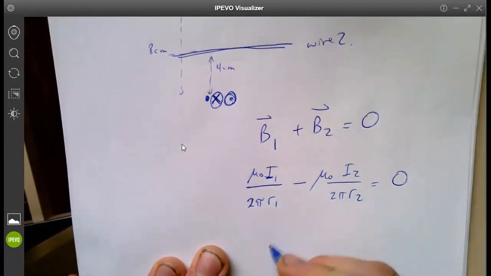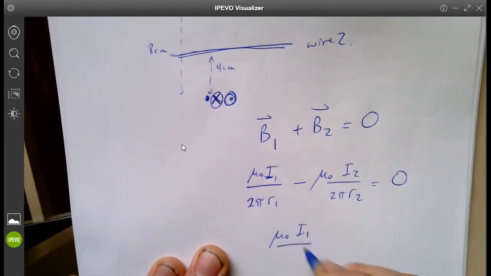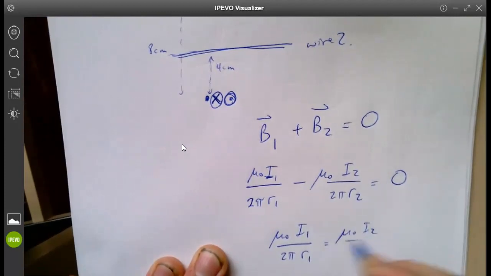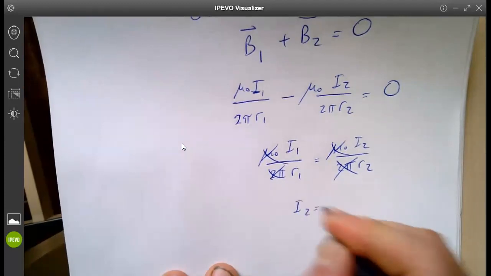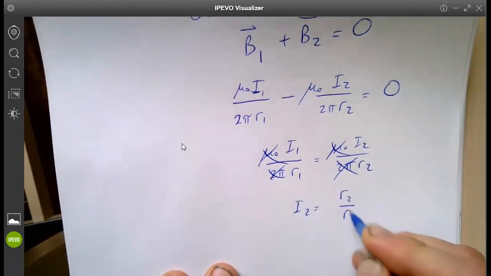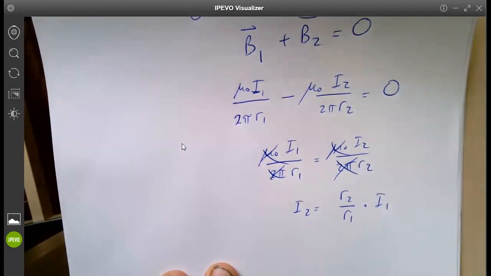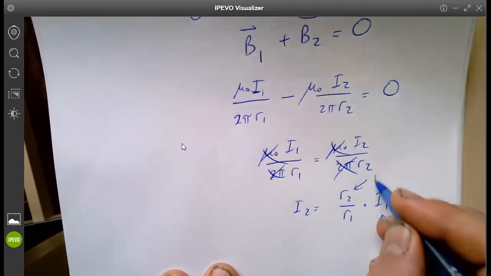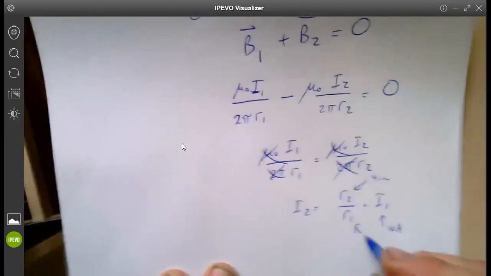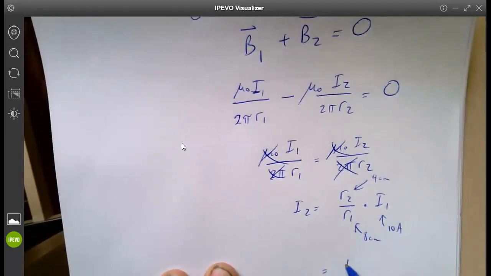In other words, we can set the two equal to each other. Mu naught I1 over 2 pi R1 is equal to mu naught I2 over 2 pi R2. You notice that the 2 pi's and the mu naughts all cancel out, right? And what we're left with is that I2 has to be equal to R2 over R1 times I1. So if I1 was 10 amps, R2 was 4 centimeters and R1 was 8 centimeters, then we have 4 over 8, times 10, which gives me 5 amps.